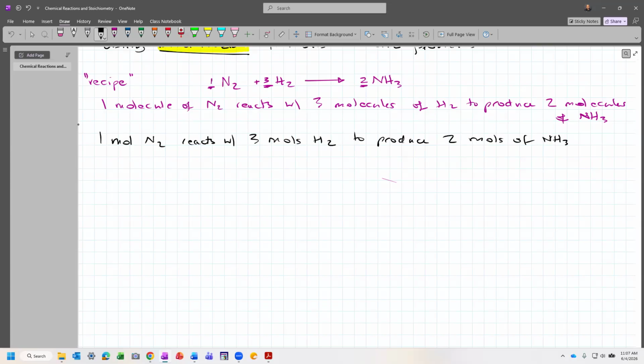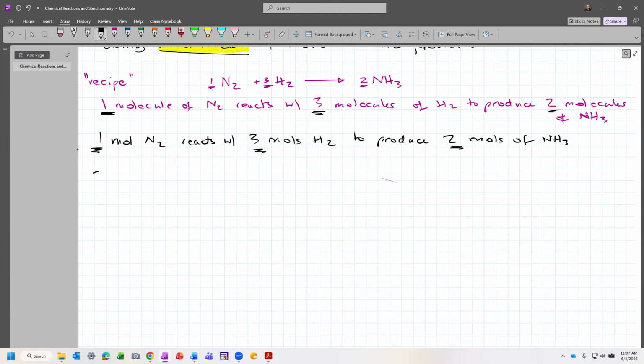The key thing here, though, that's common to both of these interpretations of this equation is the coefficients, right? So we have the 1, the 3, and the 2. 1 mole of N2, 3 moles of H2, 2 moles of NH3. And that is really at the heart of every stoichiometry problem.